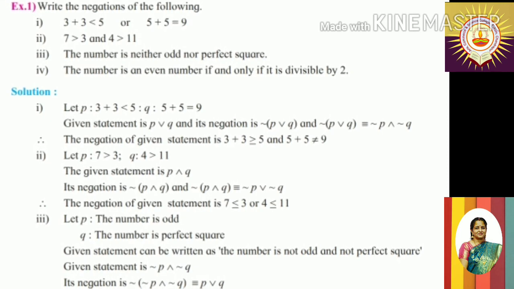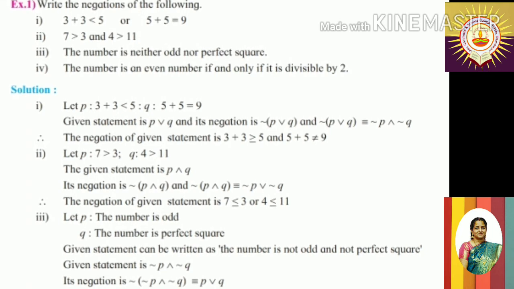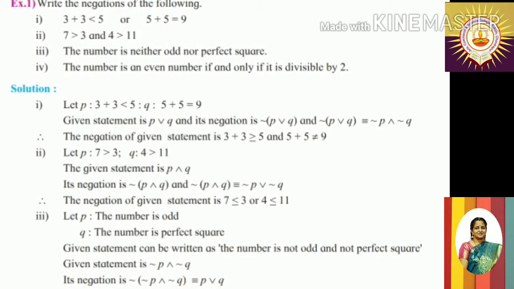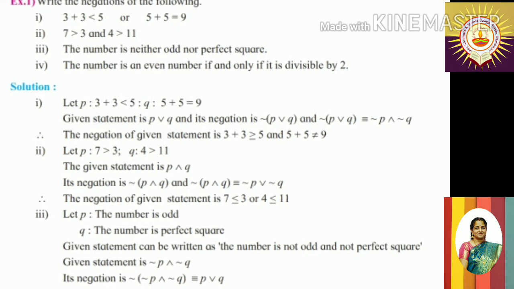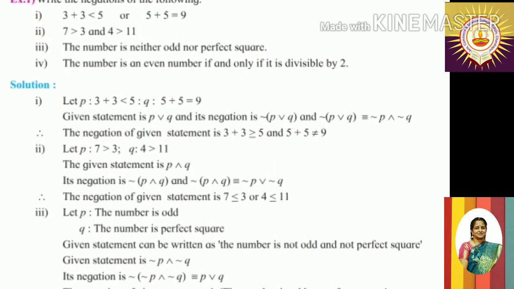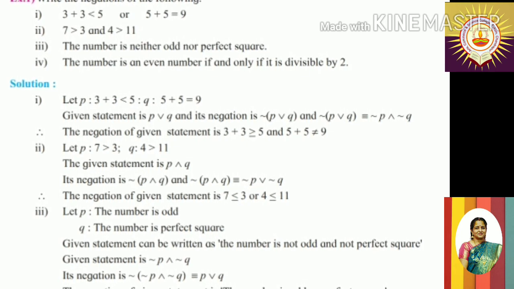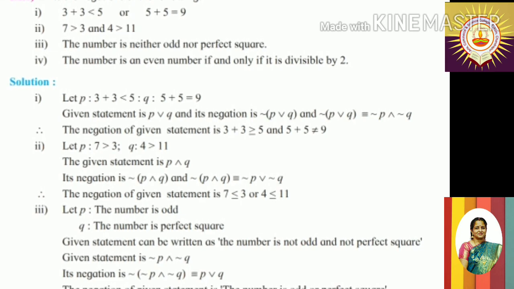In all these type of examples, you do not check whether the truth value is true or false. It may be considered as only a statement, and write down the symbolic form of the given statement and convert its negation.